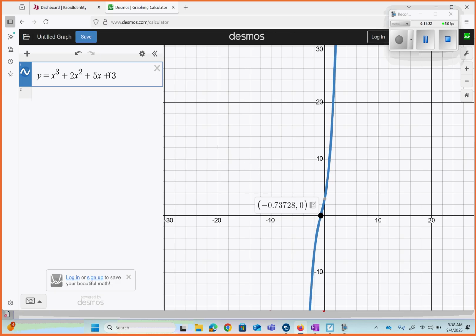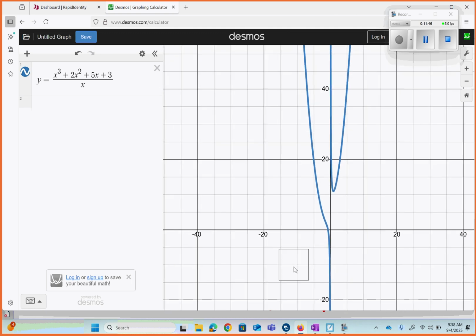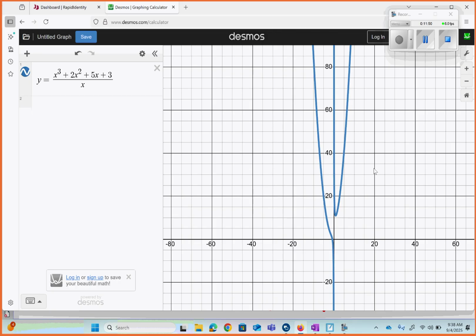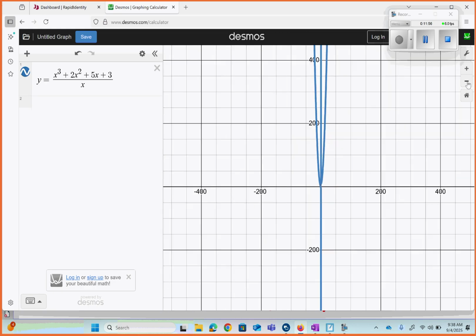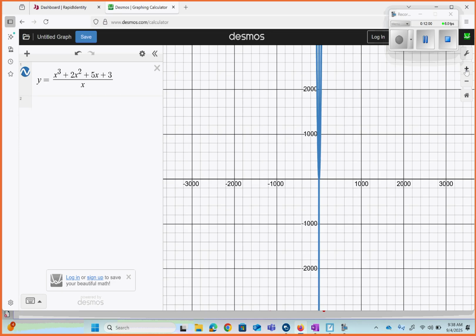If I took this same equation and divided by x, this is kind of a wild graph. I could zoom out quite a bit, and then you kind of lose it because you've gone way too far.